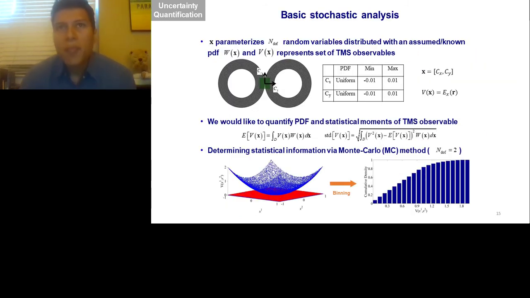And so, in principle, doing this UQ is quite straightforward using what's called a Monte Carlo method. For example, let's assume that we have 2 uncertain parameters, the coil position along the X and Y direction. And so the coil can be centered about any point on this green square that I show here. So the way that we could do uncertainty quantification is that we would center the coil at a bunch of different positions.